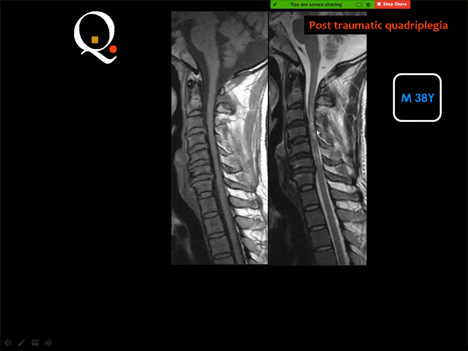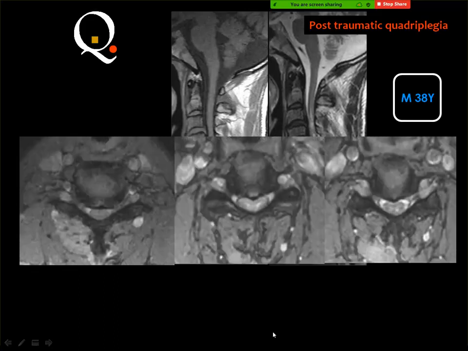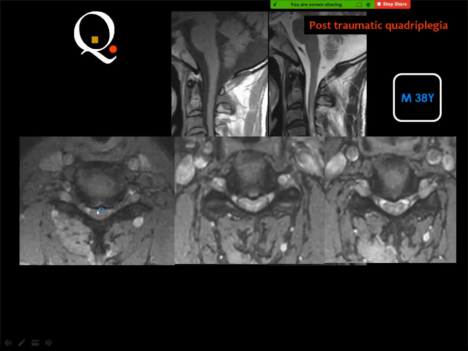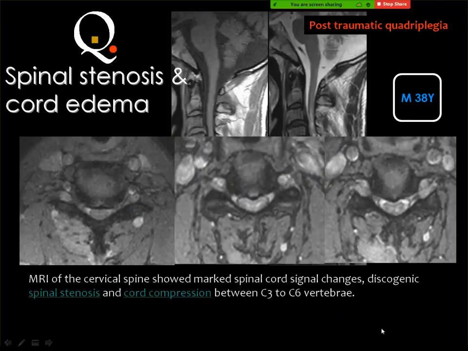And you can feel that the spinal canal is very tight, together with these focal abnormalities, which are most likely due to cord edematous changes secondary to trauma. And the axial images showed the presence of multiple disc lesions that are also adding to more canal compromise.